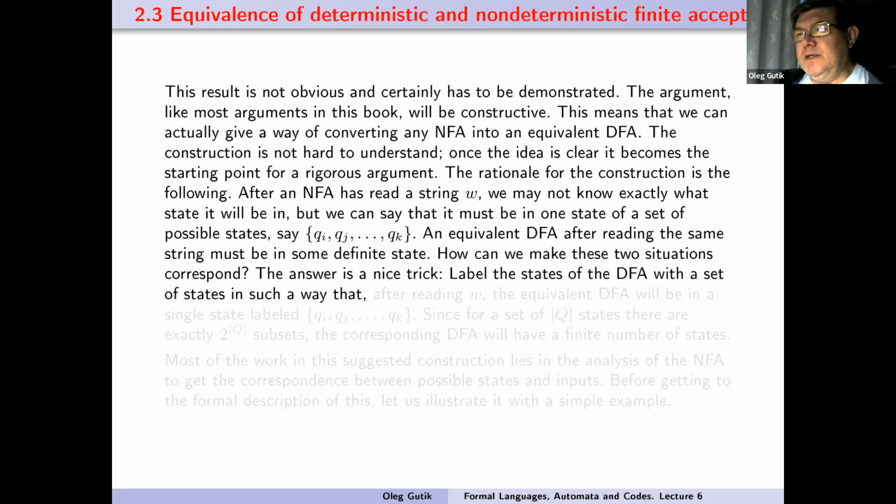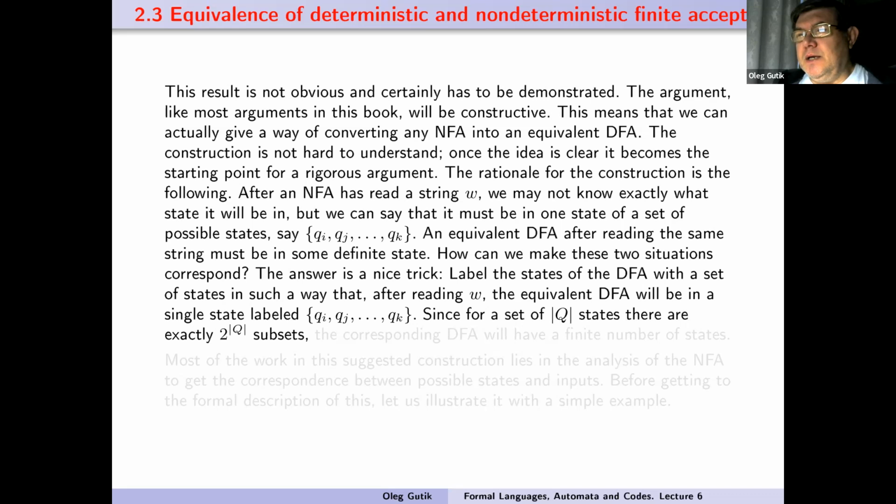Label the states of the deterministic finite acceptor with sets of states in such a way that after reading the string w, the equivalent deterministic finite acceptor will be in a single state labeled by the set of the previous states Qi, Qj, and so on, Qk.